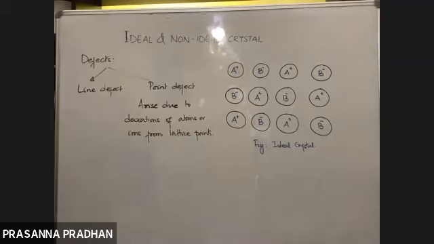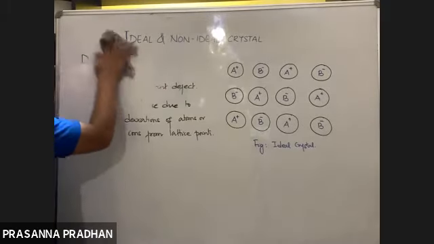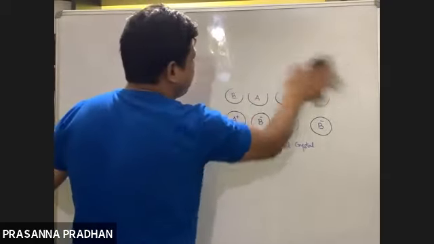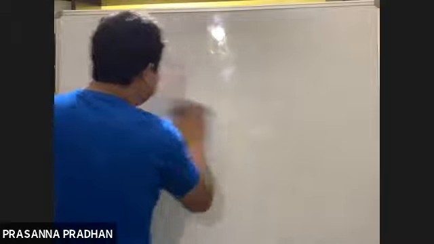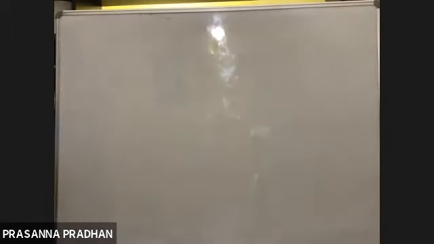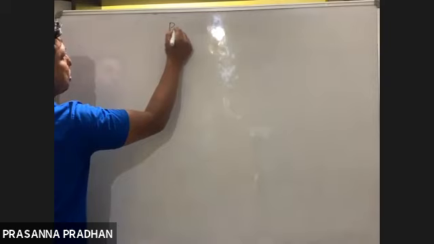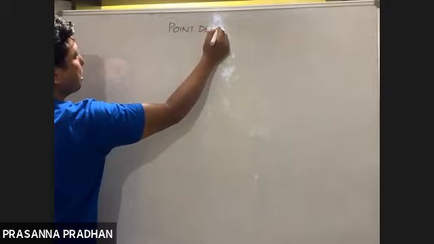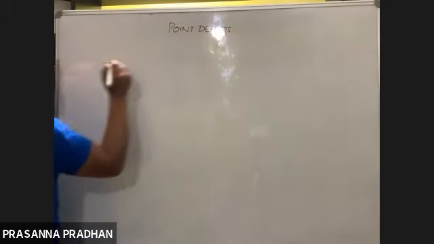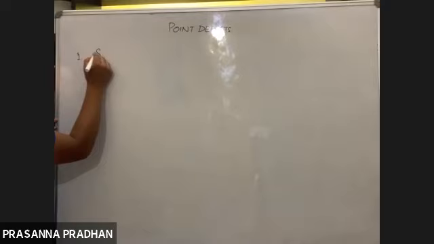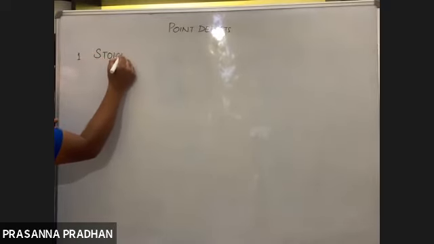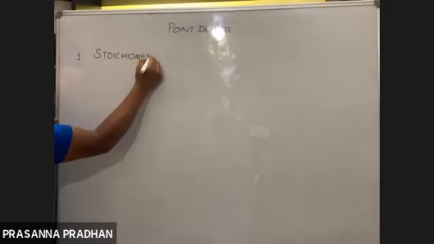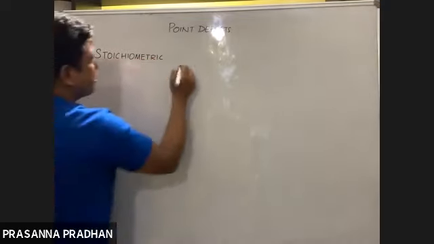Okay, fine. So let us discuss the defects now. Point defects again. Copy it simultaneously along with me. The two types of point defects: number one is stoichiometric, write stoichiometric defect.